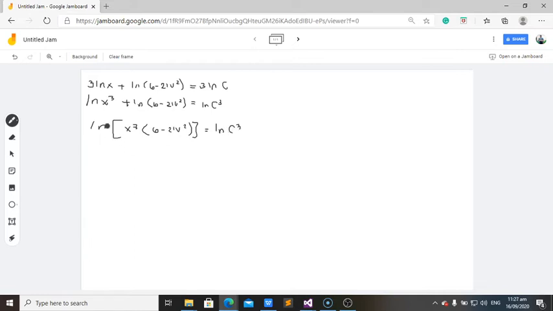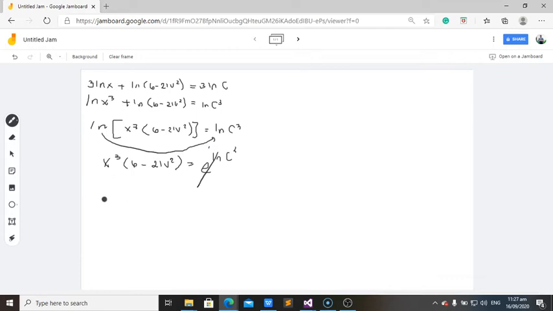Okay, so after that, we transpose this one to the other side, so you got exponential, so you have x cubed times 6 minus 21v squared equals e raised to the power of ln c cubed, and this gives you 1.